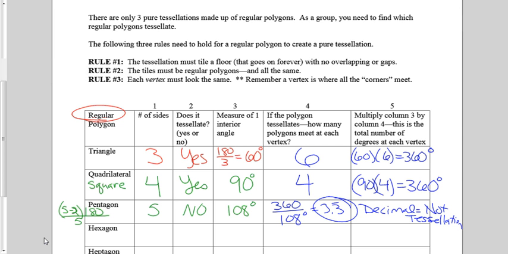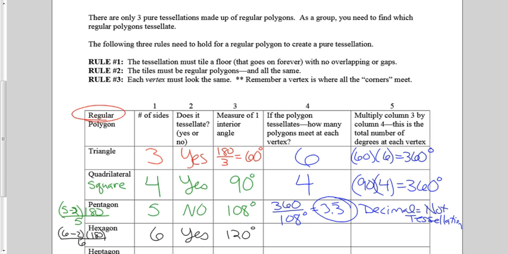So hexagon. Hexagon has 6 sides. The hexagon did tessellate the plane. So let's try and do this without looking at the applet. Let's find one interior angle of a hexagon. So that's 6 minus 2 times 180, which is 4 times 180, and then I'm going to divide that by 6. So when I do 4 times 180 and divide by 6, I get 120.